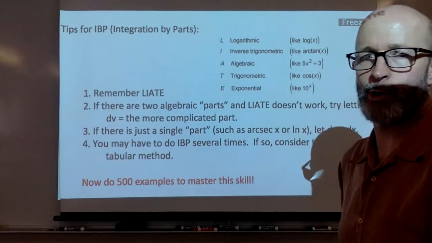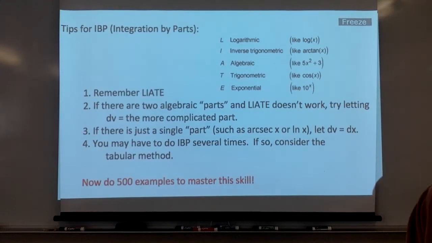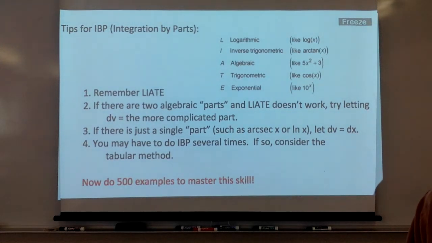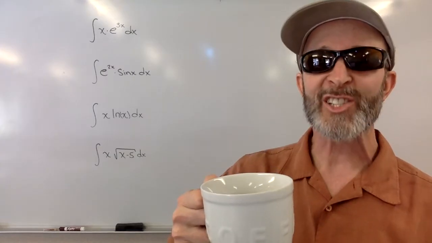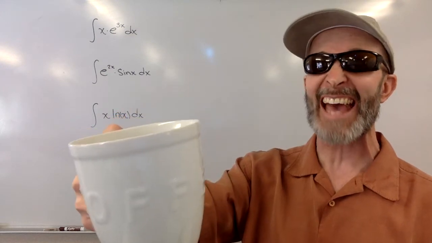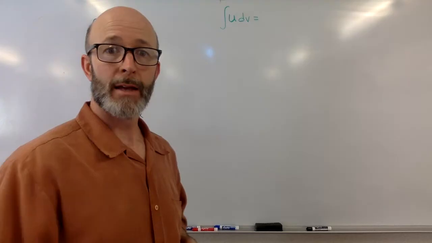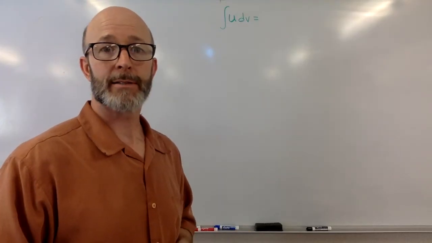If you go in that order, if you make the first type of function that you encounter equal to u and the second equal to dv, you're going to be in good shape. We'll talk about how you can sometimes do this many times and a couple other examples. Just remember, hey garçon, can I get another LIATE here? And you'll be well on your way to success.